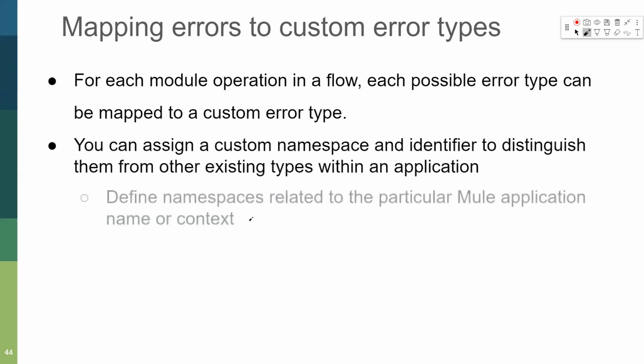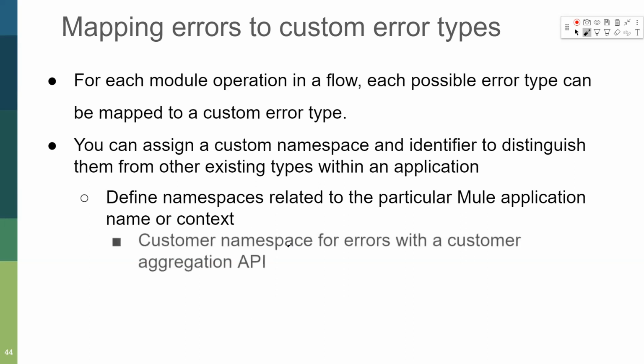That's what we said. And when we define namespaces, we'll see an example. We can create our own namespace and identifier, but they should not be namespaces that are already there. They should not be existing namespaces.